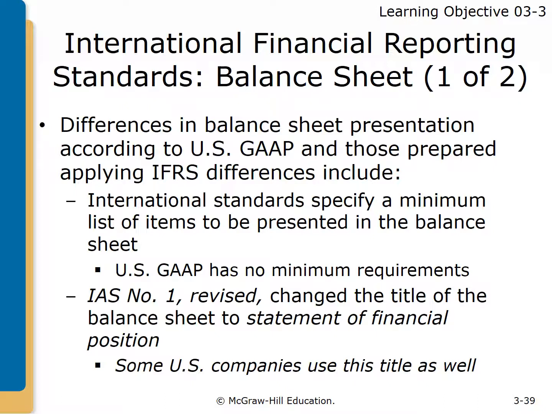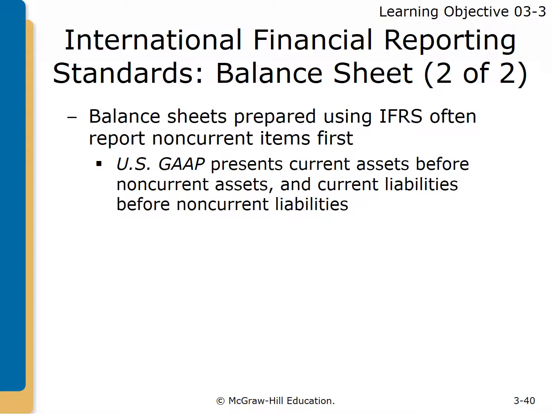Sometimes U.S. companies will use this title as well. It's allowed. Balance sheets under IFRS often report non-current items first and then current, where we do the opposite. So you want to keep those differences in mind. It's good to know, and there's an illustration of this on the bottom of page 120.